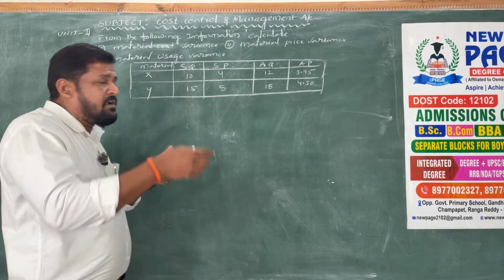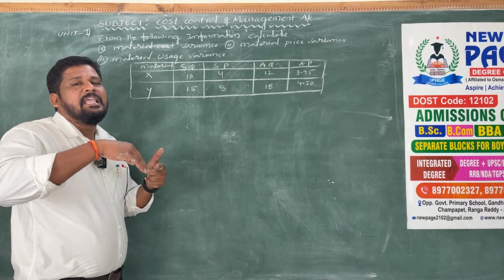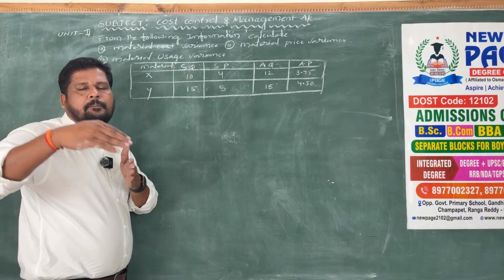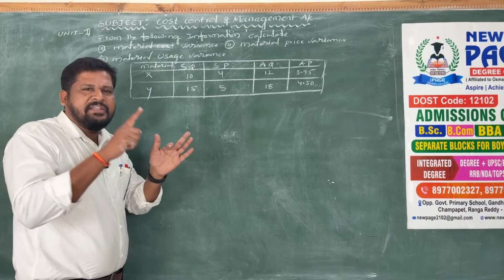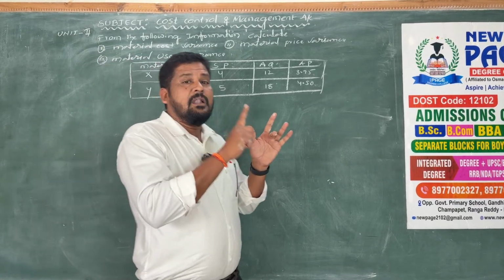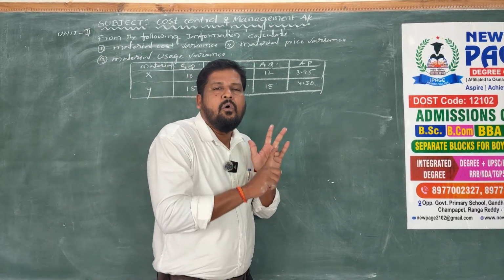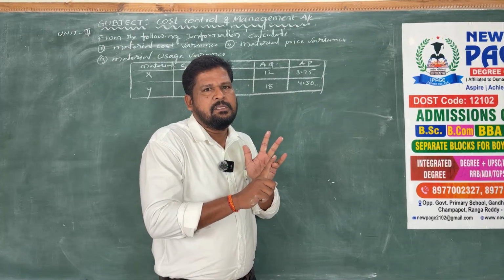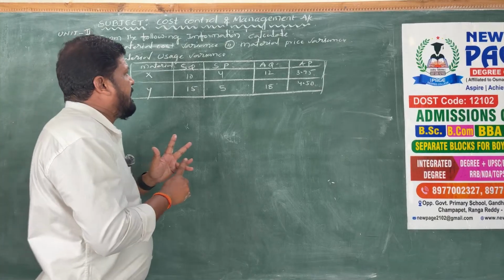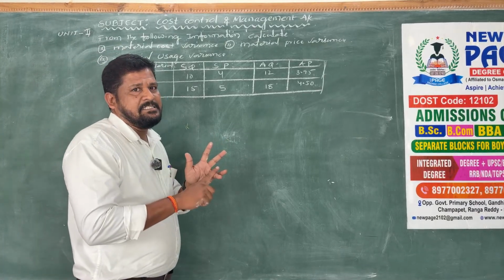So in standard costing, you have to estimate material variances, labor variances and overhead variances. From the exam point of view, we have to discuss the material variances.